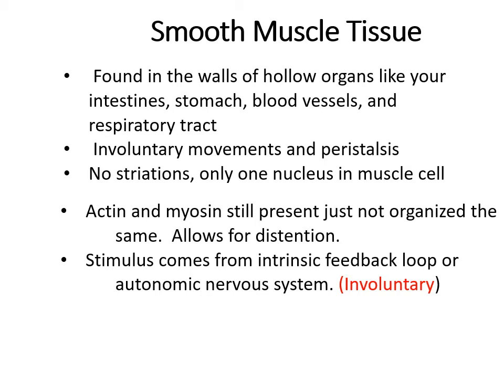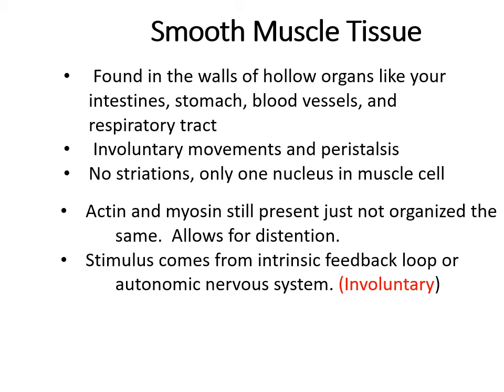Okay, and the autonomic nervous system can increase contractions of the smooth muscle in your intestines, called peristalsis, which is more stimulation and contractions of the small intestinal smooth muscle. It can stimulate contractions of your stomach to contract, to churn the food more and to mix it with the acid.